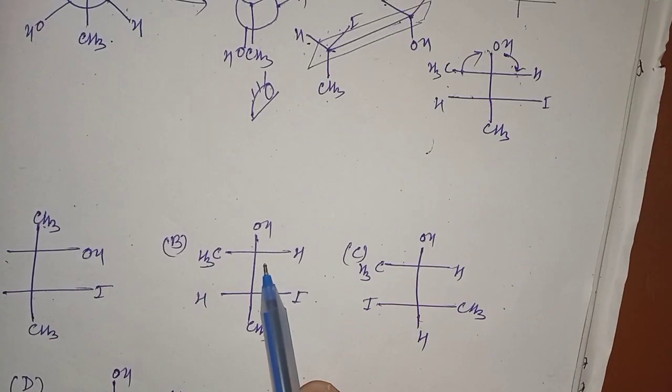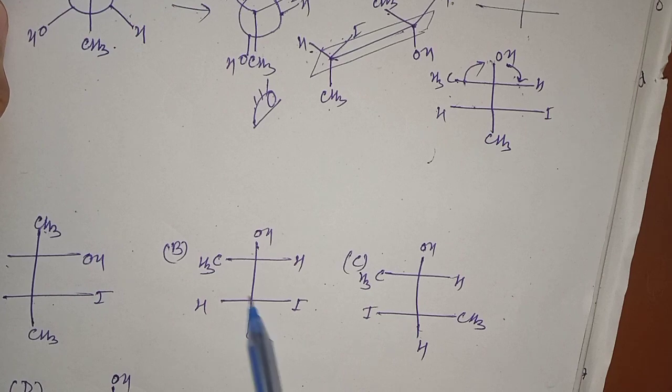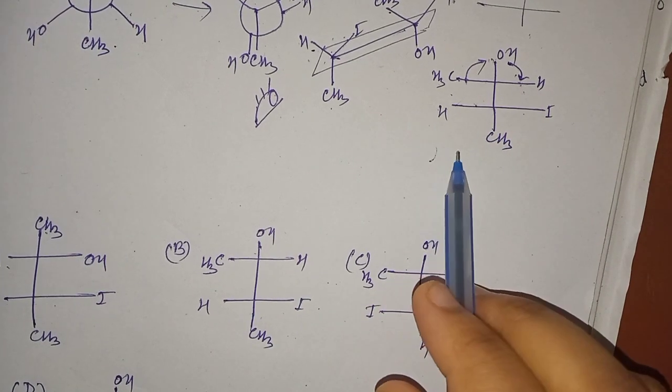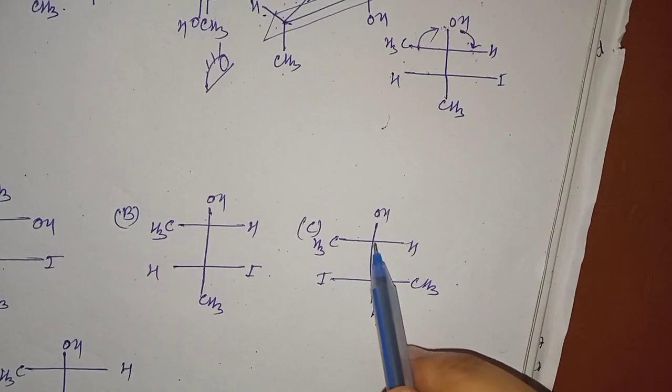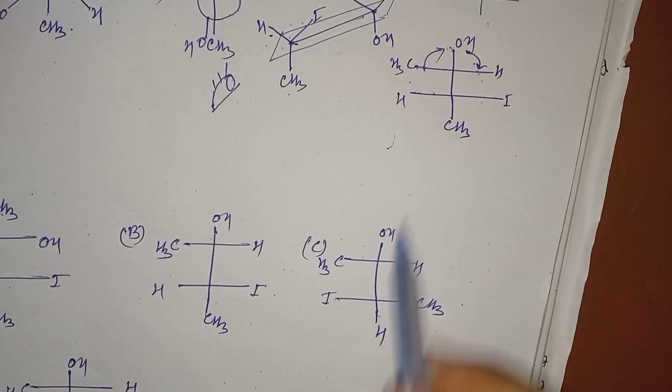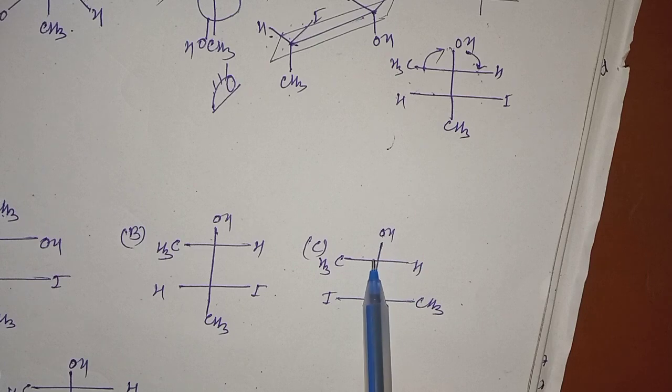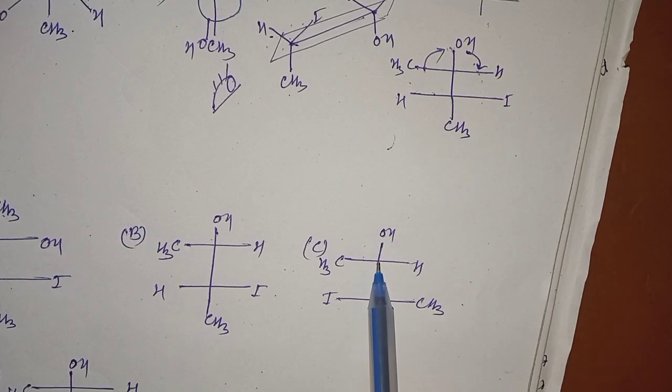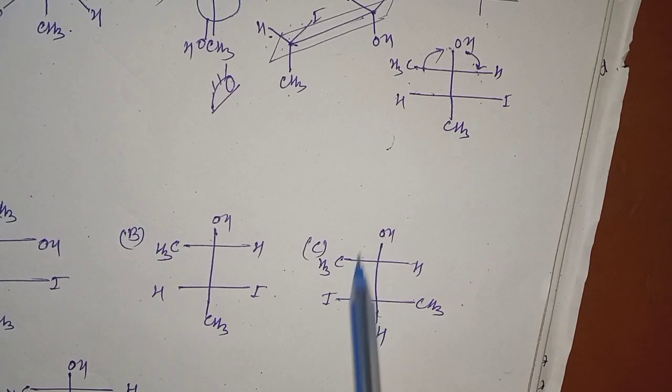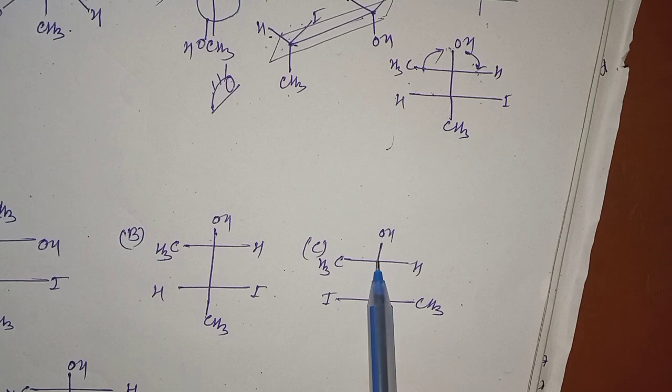Now comparing for structure B, you can see that the same thing is written. So structure B is clearly the same, no need to verify. Now for structure C, you can see that for the front carbon atom the positioning is unchanged, so the groups are in the same position, the chirality is the same.